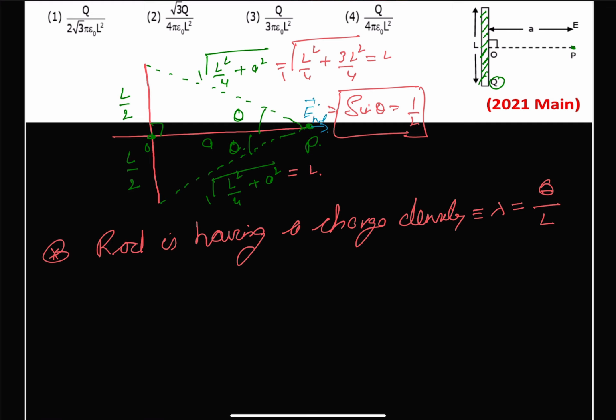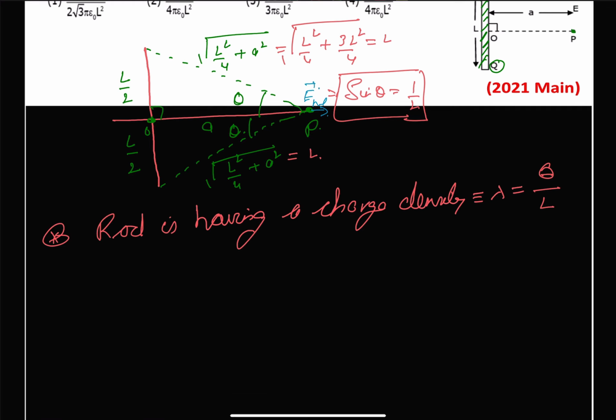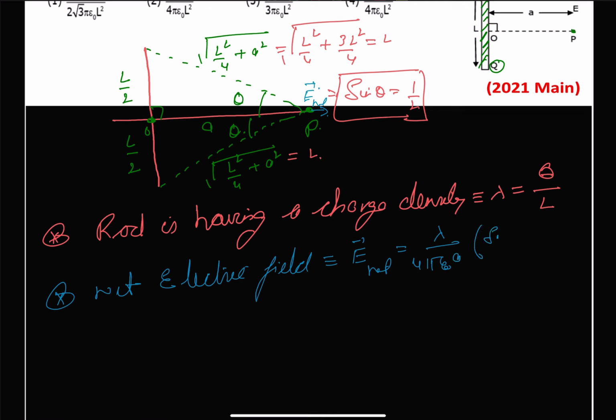The net electric field formula is quite a standard one, and we can write that E net will be equal to lambda upon 4 pi epsilon naught, and here the perpendicular distance is A, times sine of theta for the first angle plus sine of theta for the second angle.